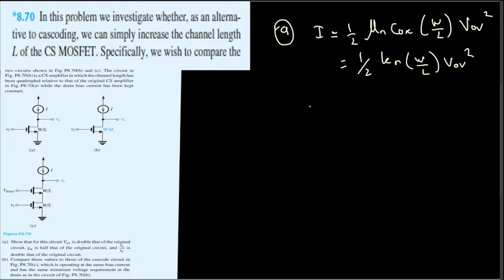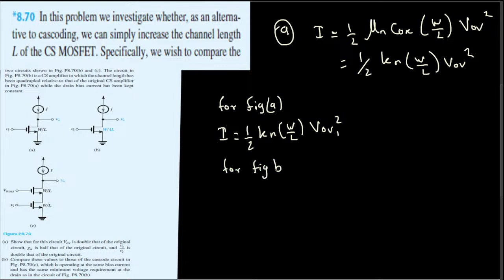If I take it for figure A, we can say I equals half Kn W over L times V overdrive 1 squared. And for figure B, we can say I equals half Kn, in this case W over 4L, times V overdrive 2 squared. And the currents are equal.